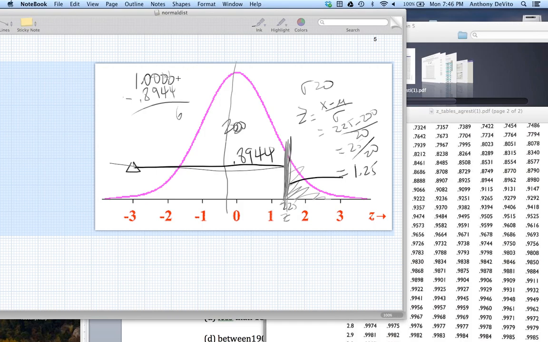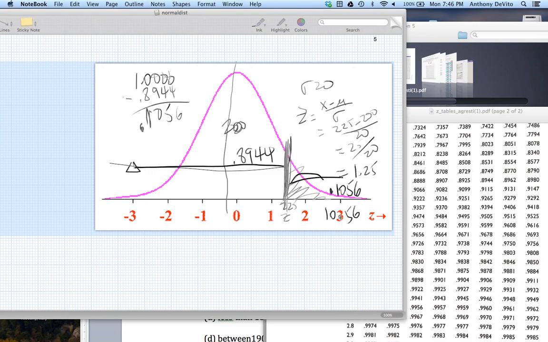Let's see, 6, carry the 1, 5, carry the 1. Do I have this right? It's 0.1056, I think that's right. So this area would be 0.1056.